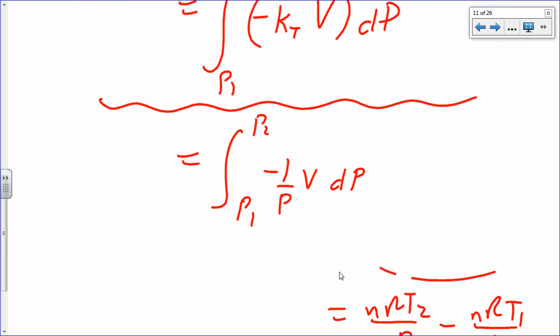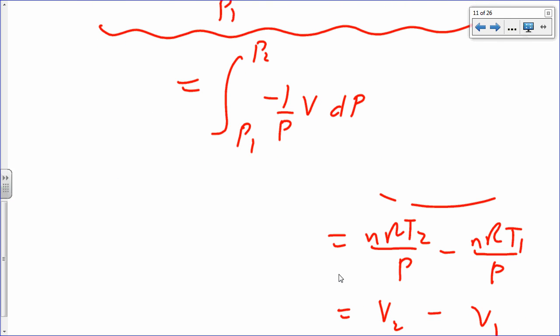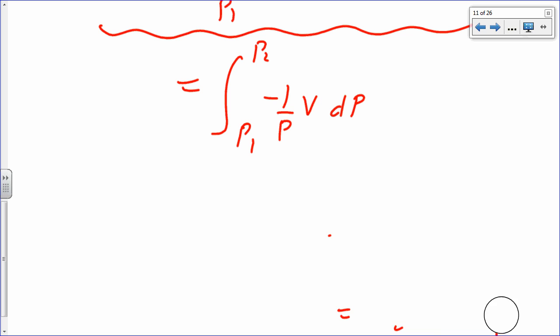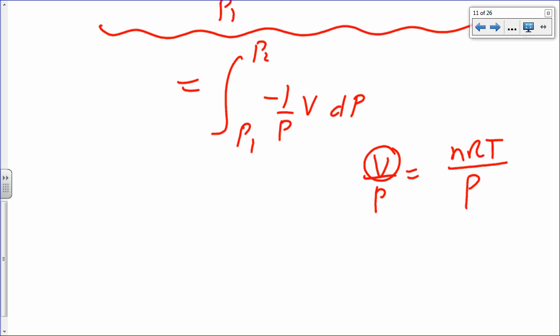Since volume is not a constant here, you can't pull it out of your integral. What's volume over pressure at constant, what's constant here? Temperature, right? So we express it in terms of temperature and pressure. So volume is nRT over P. So P times P would be P squared.